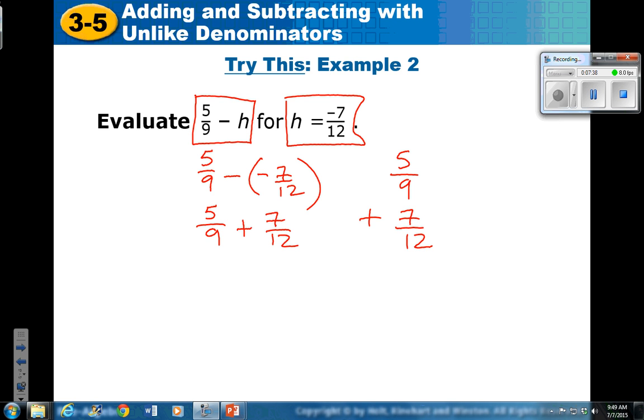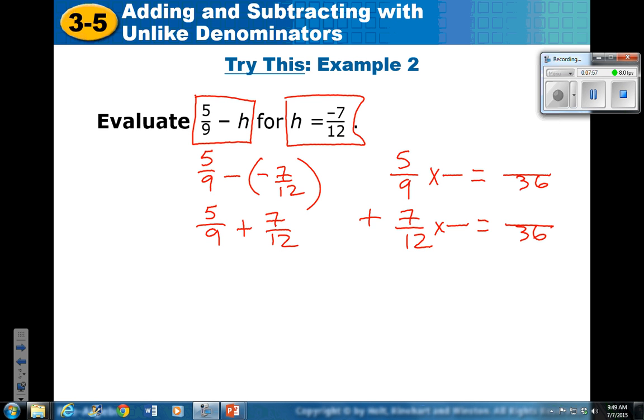Okay, 9 and 12, we've got to come up with a common denominator here. And I hope you see that you don't need to do 9 times 12 to get that. 36 is a common multiple for both of them.